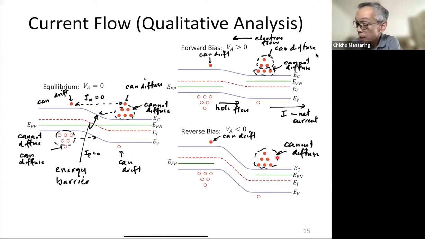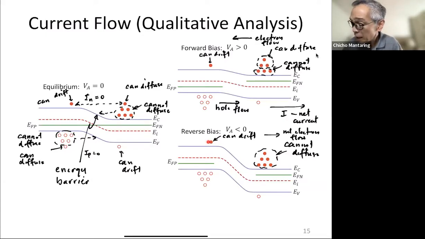None of this will be able to diffuse because of this energy barrier. Okay, so there's going to be electron flow in this direction, no? Net electron flow. Kasi pwede mag-drift yung electron from left to right, pero hindi pwede mag-drift yung electrons from right to left, so net electron flow.